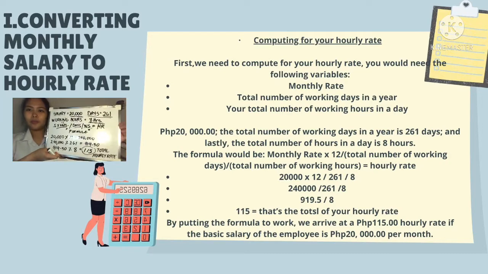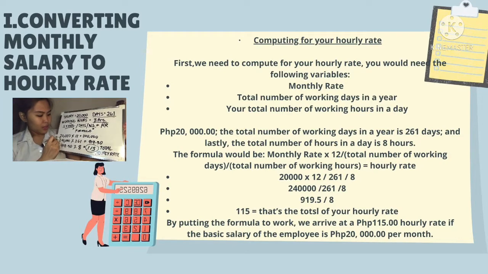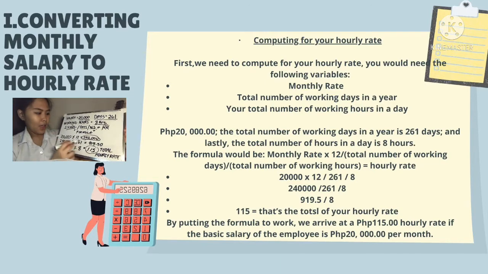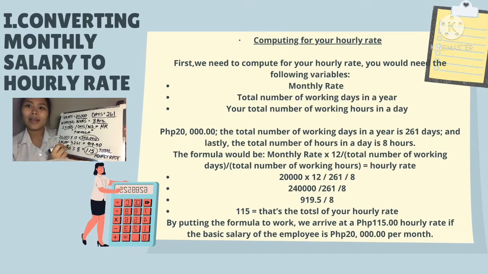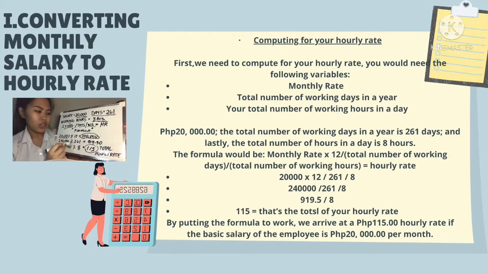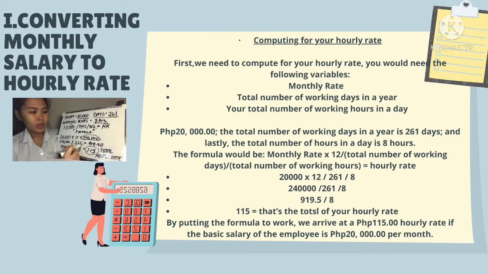So, dito na tayo. 20,000 times 12 is equal to 240,000. And after that, 240,000, i-divide mo siya sa 261, which is the days in a year, so equal to 919.50.